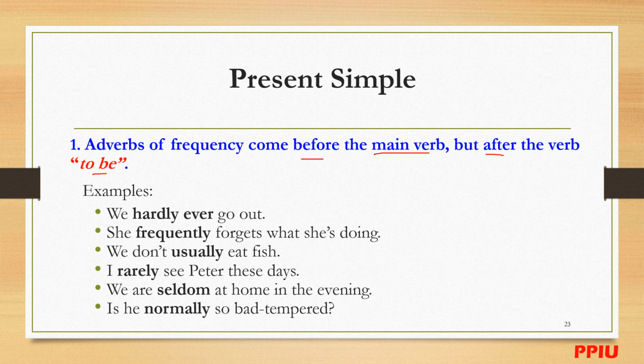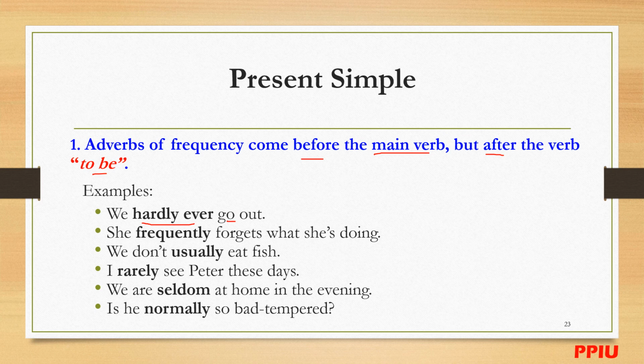"We hardly ever go out." Which one is the adverb of frequency? Hardly ever. And the main verb is go. So it is placed before the main verb. "She frequently forgets what she's doing."